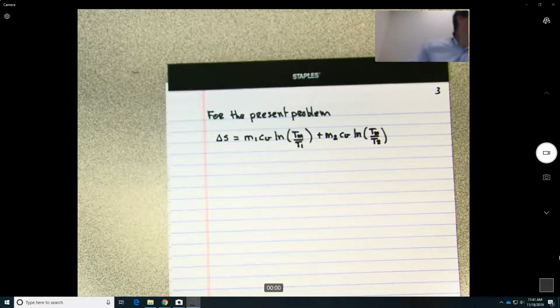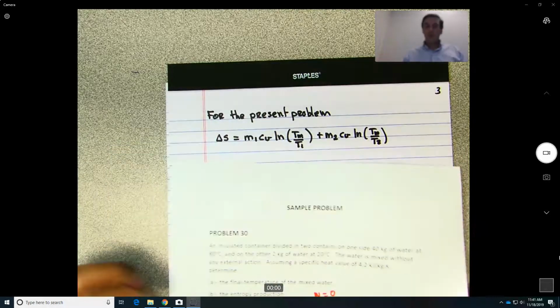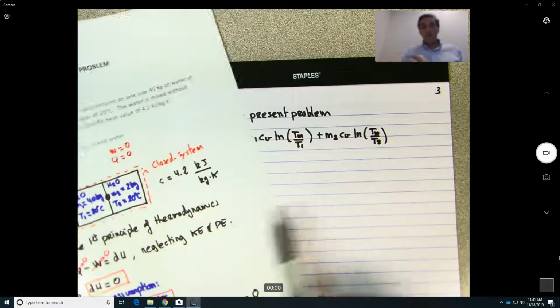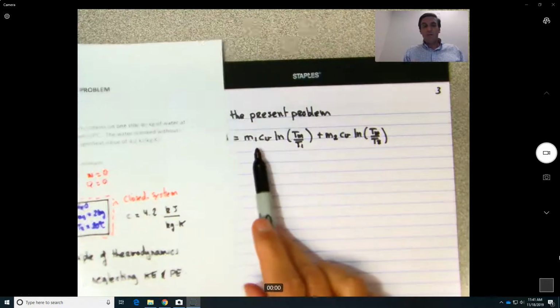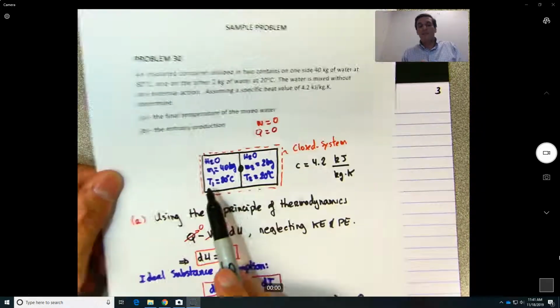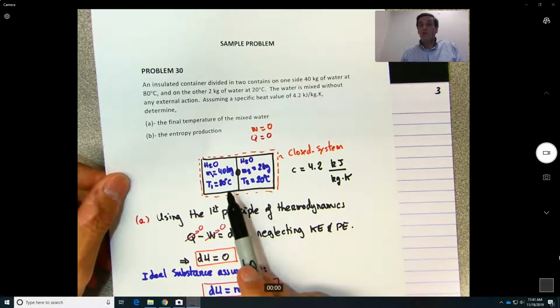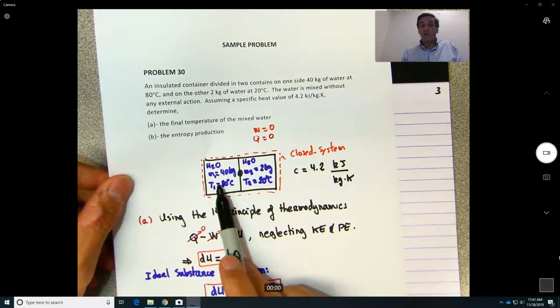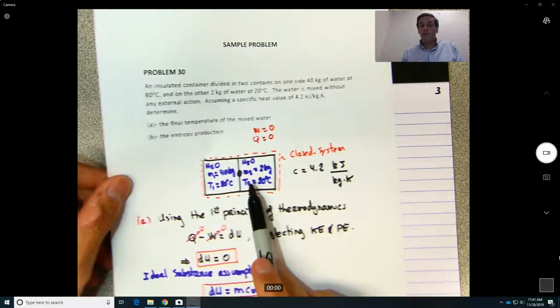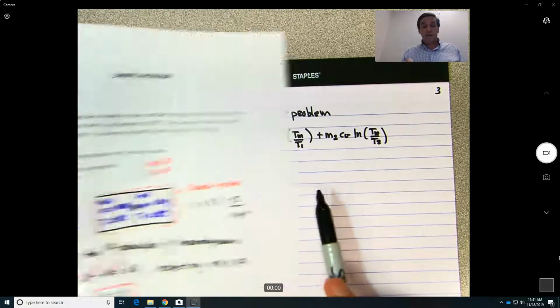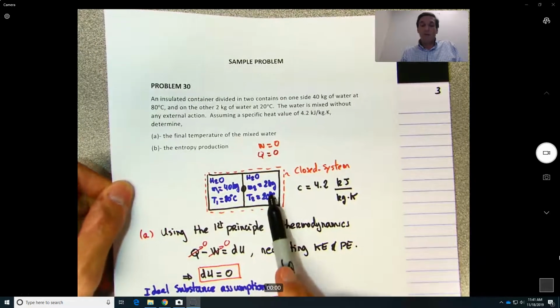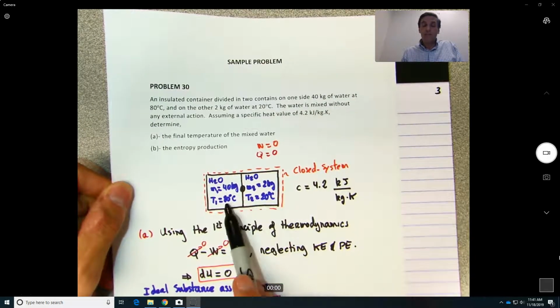Let's see if we can have some intuition over here. M1 is the hot water on this side. So what is the hot water going to do? Do you think as it mixes it's going to gain or lose energy? The hot water, as it gets cold, should lose energy. So we can think that maybe this value should be negative. Now, what happened to the water at 20 degrees as it mixes?